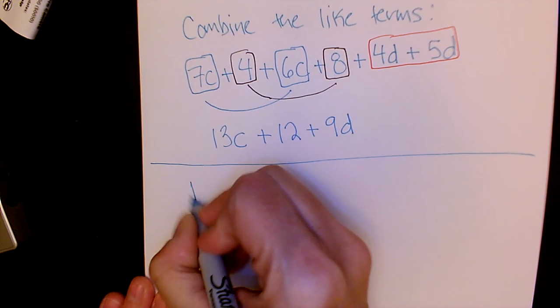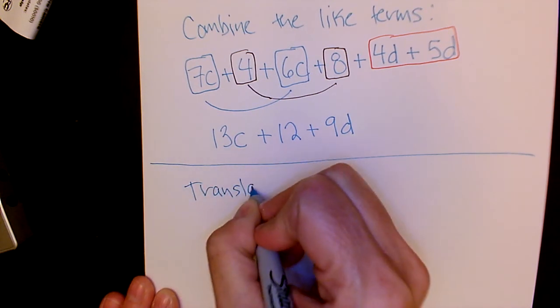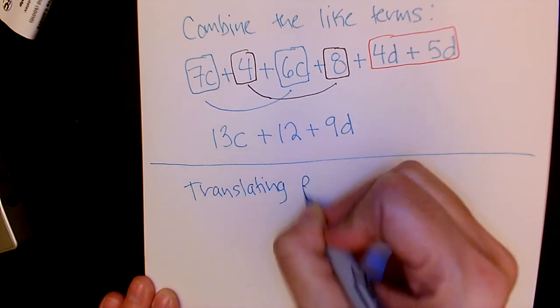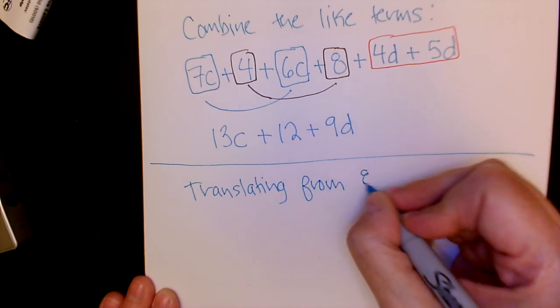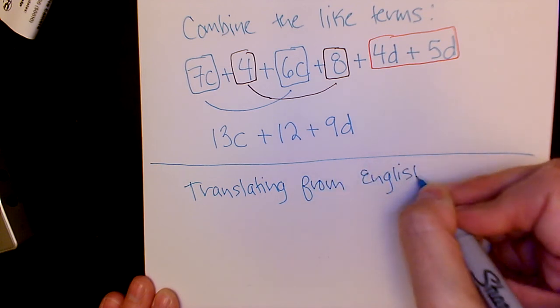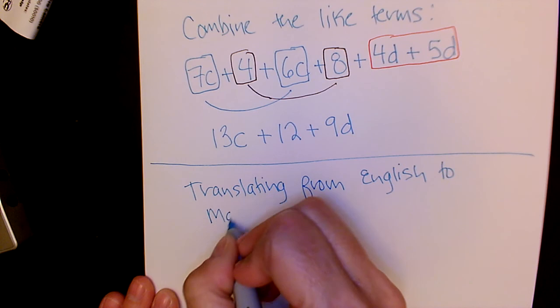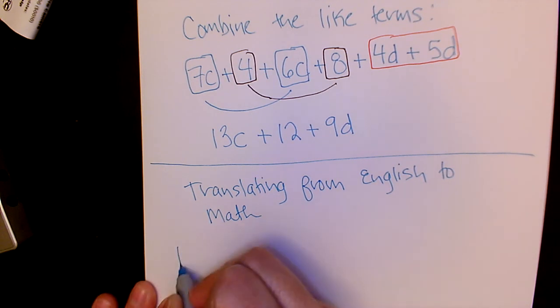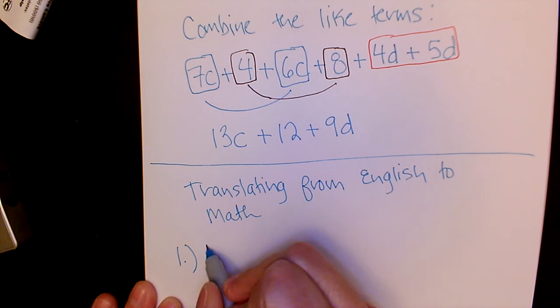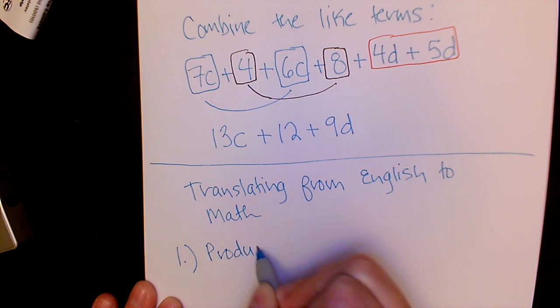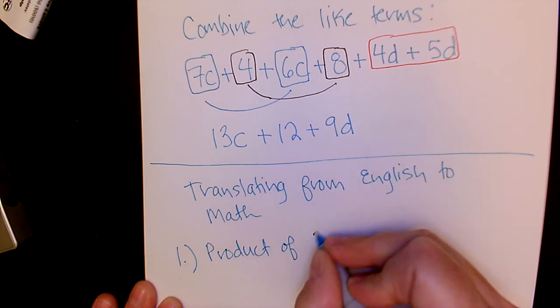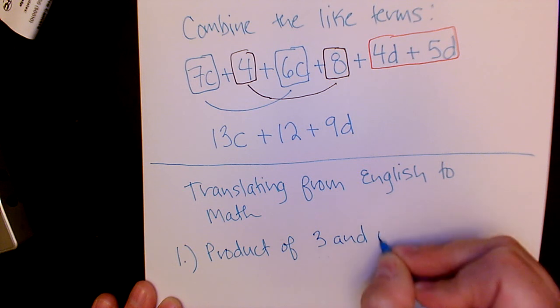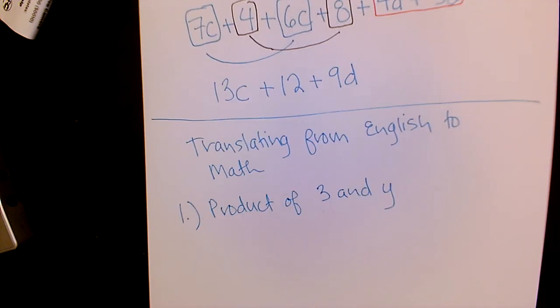Okay, the last thing I'm going to talk about is translating. And we've done a lot of this already. So how do I write the product of 3 and y?